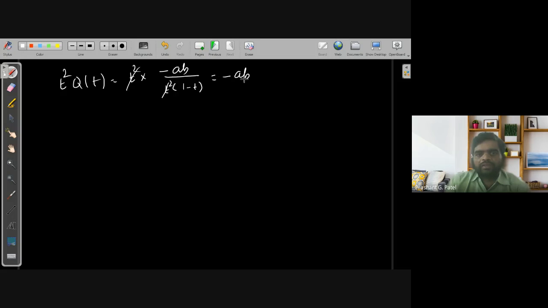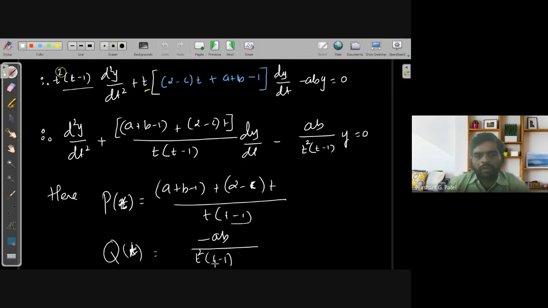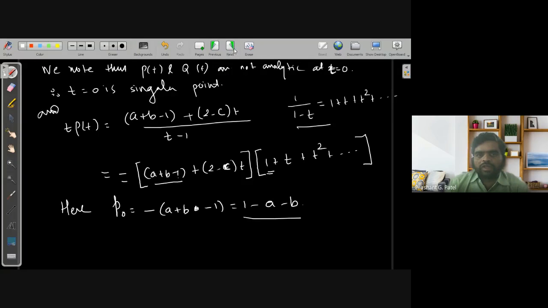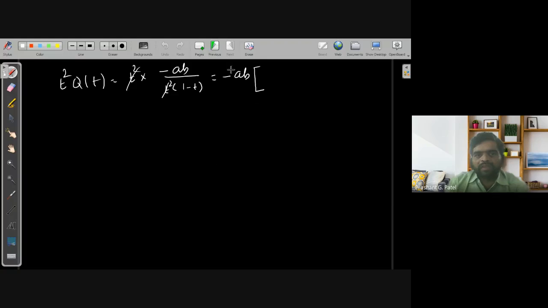So it is minus ab. And 1 minus t, we know that it is written as t minus 1, 1 minus t is this. So that's why again you have to multiply this minus sign. So this minus minus becomes plus, and the series will get 1 plus t square up to so on.